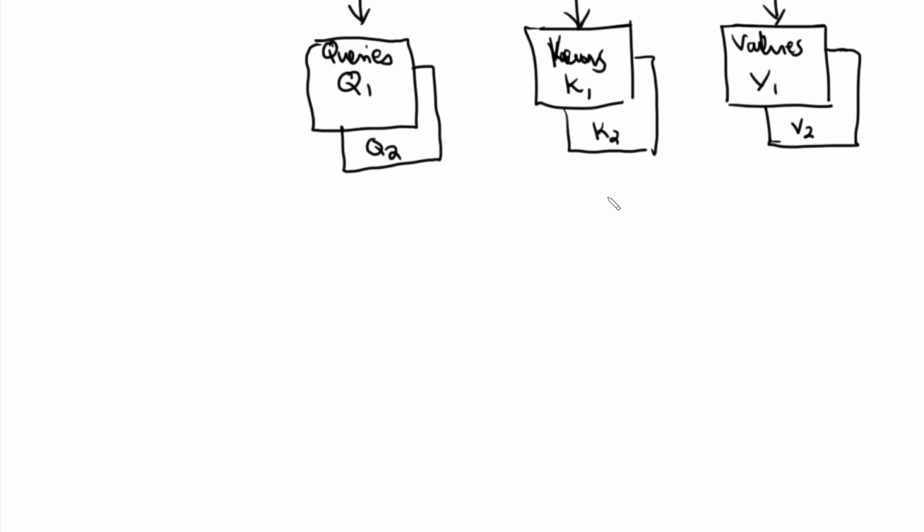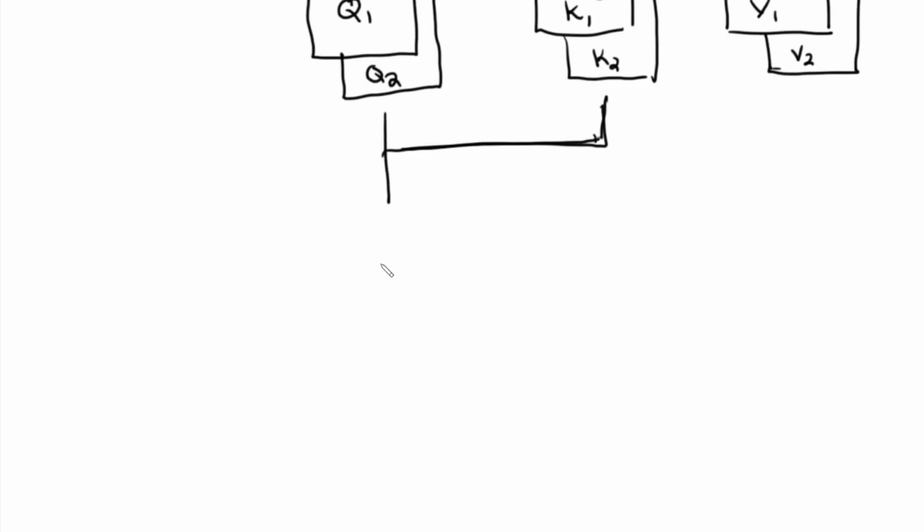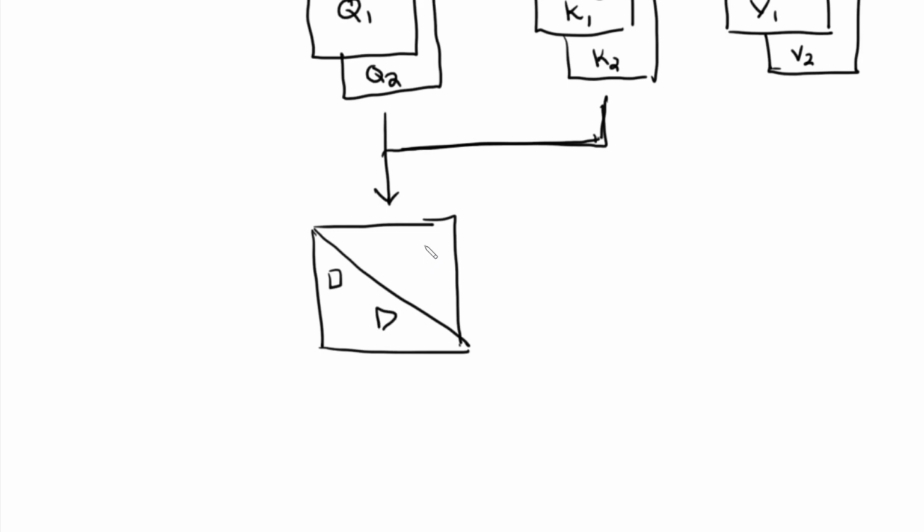And then these matrices, because when we apply the queries to the keys, we get our attention scores, right? Our attention scores and then our attention matrix. I'll just skip a few stages there of normalization and all of that. But we are going to have this attention matrix and another attention matrix as well.